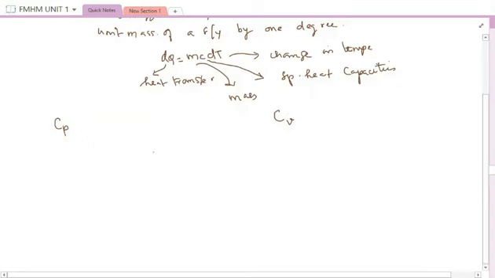Right. So what is the formula you have to give for this one? Again the same thing, dQ equal to m Cp dT if you are saying constant pressure, and if you are saying constant volume, it is m Cv dT.